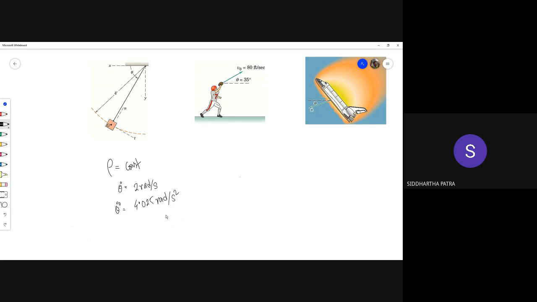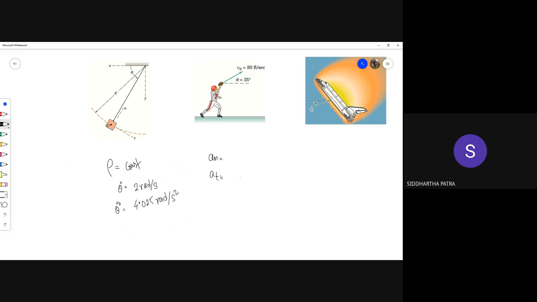These are the values of theta dot and theta double dot. Now you are being asked to find out how much is an and how much is at?